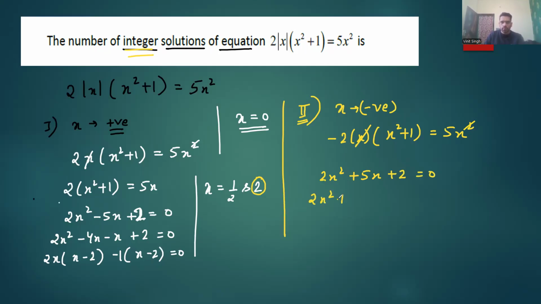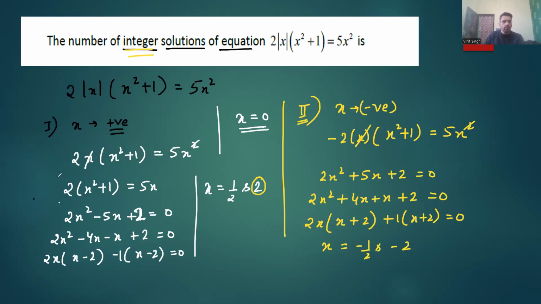Now 2x square plus 5x we will write in the form of 2x square plus 4x plus x plus 2 is equal to 0. Now 2x we will take as common, (x plus 2) plus 1(x plus 2) is equal to 0. Here we will get two values of x, which are minus 1 by 2 and minus 2. Now we will take only the integer numbers. So the first is x is equal to 0, the second is 2, and the third is minus 2.